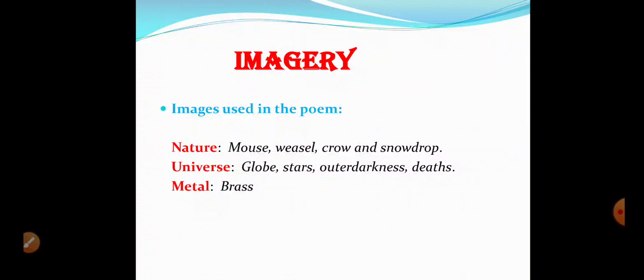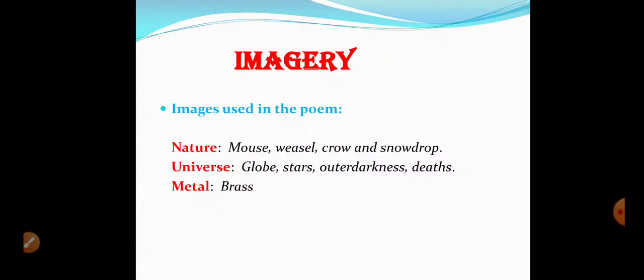So in this poem we have certain images, but these are mostly visual images that can be seen. For example, we have some images from nature, from the surrounding environment. From the animal world, there is the mouse. He names the mouse and we start thinking of the mouse. Then we have the weasel, another mammal. Then we have crow and snowdrop flower.